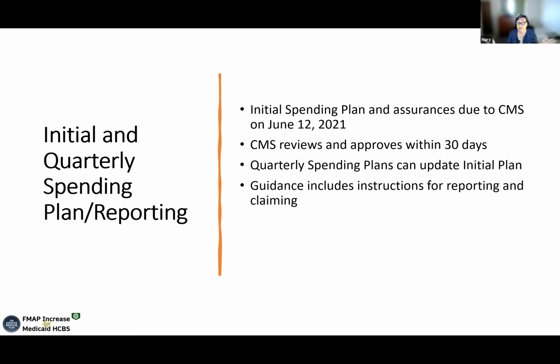They want to know, and they're going to make public what states are doing. So in this initial spending plan, this is where we develop our activities and also develop our budget, because you have to have the state match across the 3 years. So you have to balance what's coming in and the spend.